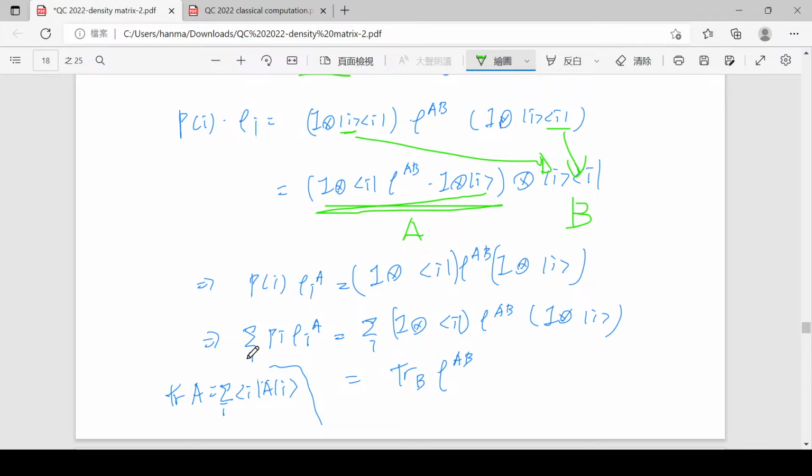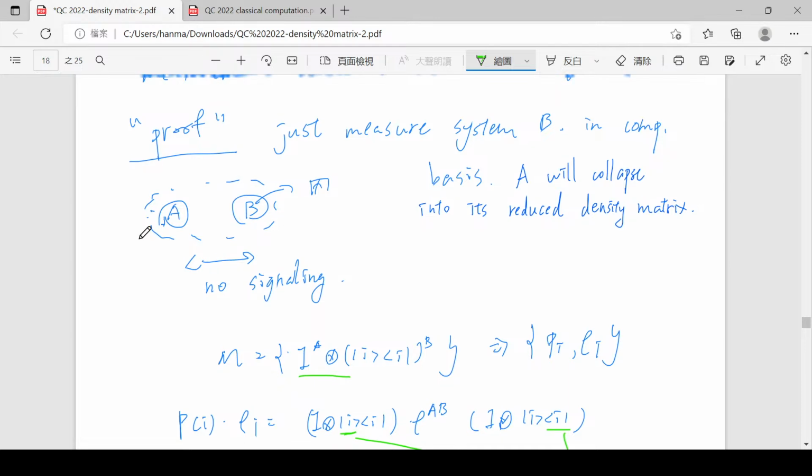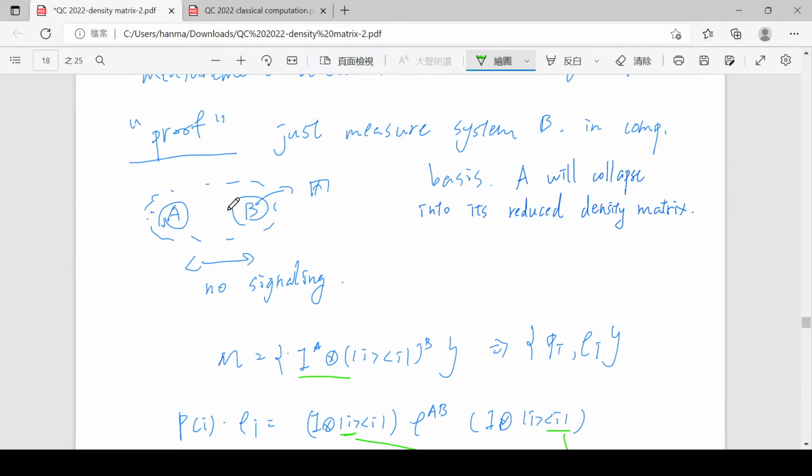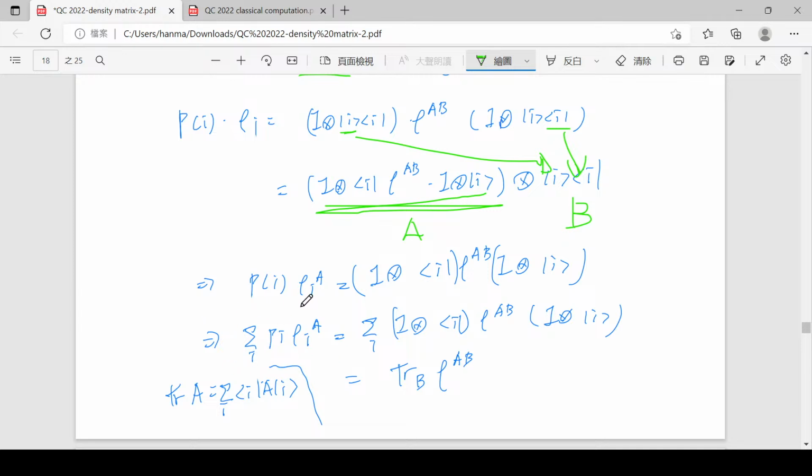And we want to find the whole density matrix because system A doesn't know the measurement outcome. Then that should be the sum over all those subnormalized states. So just sum over i, all these things.